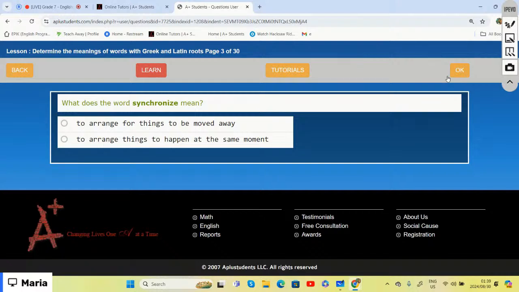So the word synchronize, it means it's almost like you're operating at either the same time or the same rate.